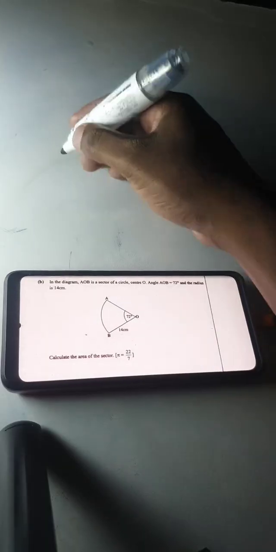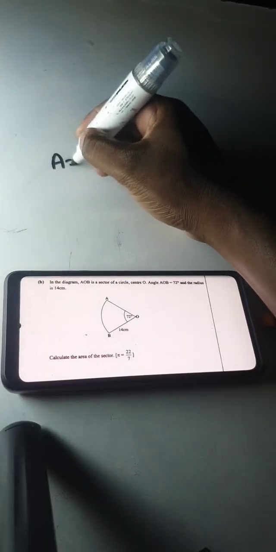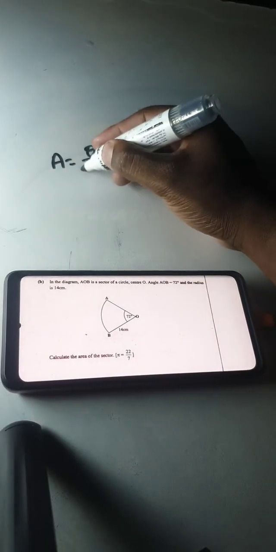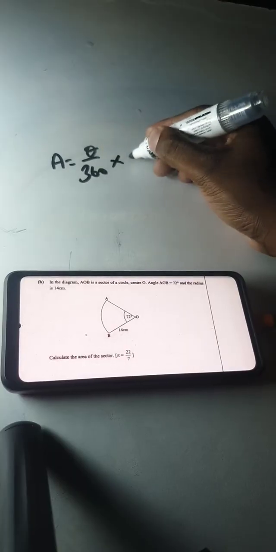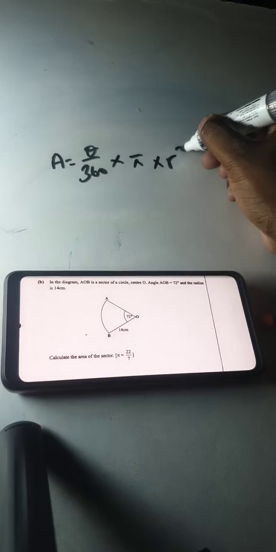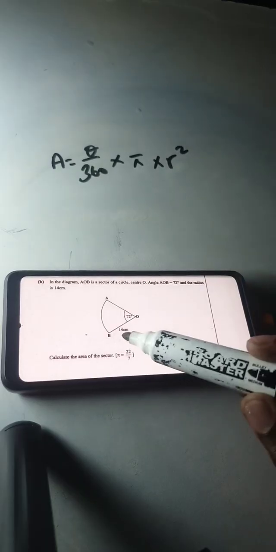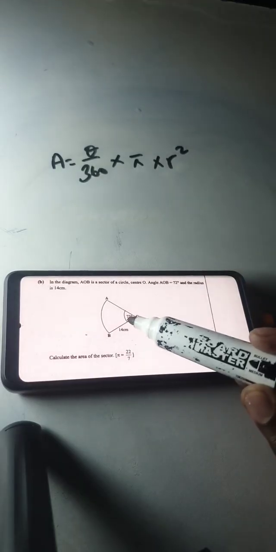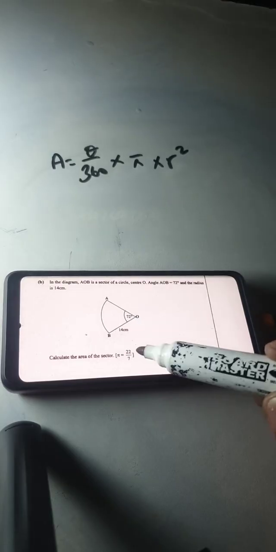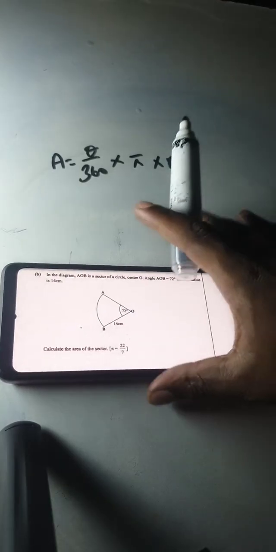Okay, we have been asked to find the area. So we say area is equal to theta over 360 times pi times radius squared. So radius is 14, theta is 72, pi is 22 over 7. Let's go.